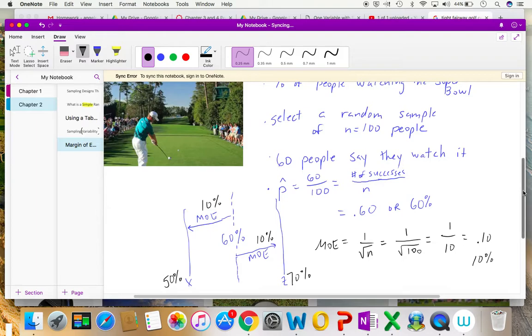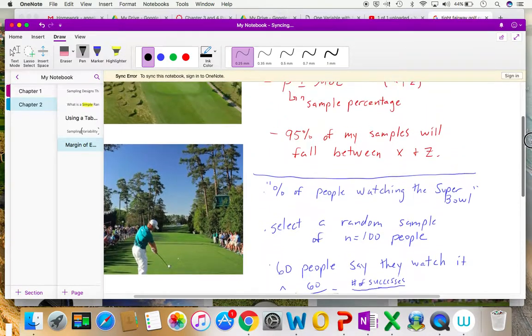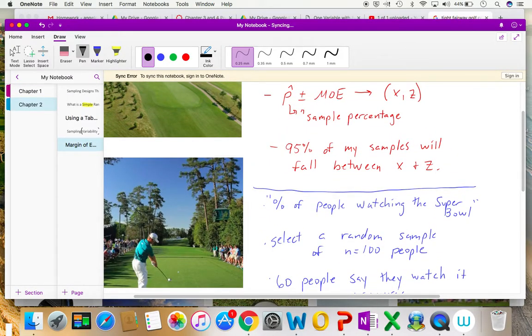Now, again, let's go back up to the last part of this definition here. And it says 95% of my samples will fall between X and Z. All right. So again, in our case, we figured out the lower and upper bounds to be 50% and 70%.